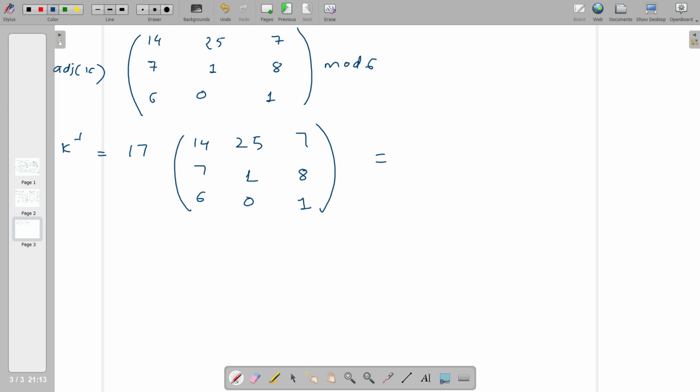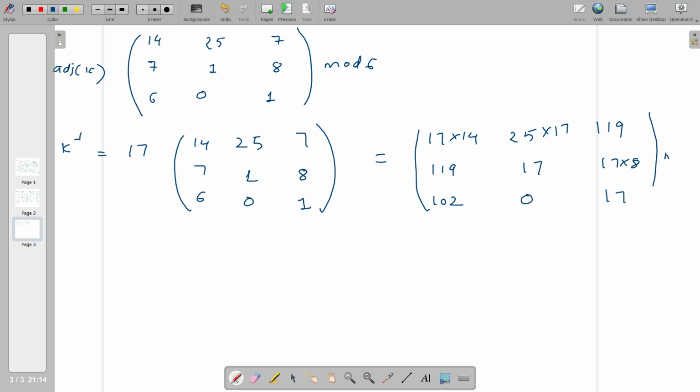And it will be 17 into 14, then 25 into 17, then 17 into 7, which is 119, and then 17 into 7 again, which is 119, 17 into 1, which is 17, 17 into 8, and then 17 into 6, which is 102, then 0, then 17 into 1, which is 17.